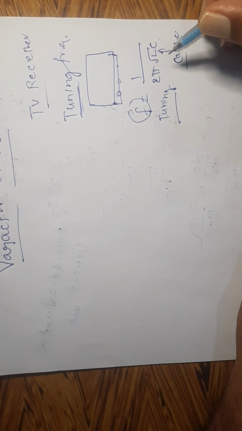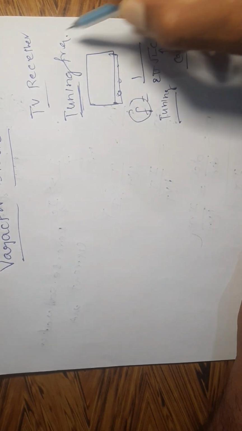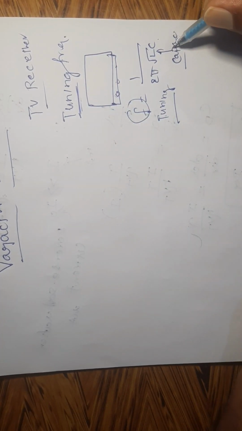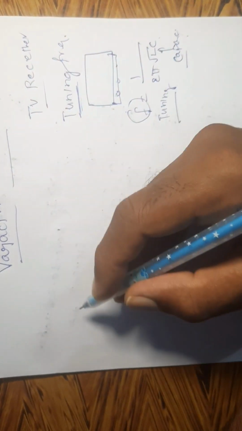So where is it used? In the communication part, that is the TV receiver. That's why this variable capacitor is realized as a diode, that is nothing but the Varactor diode. Let's see the symbol.